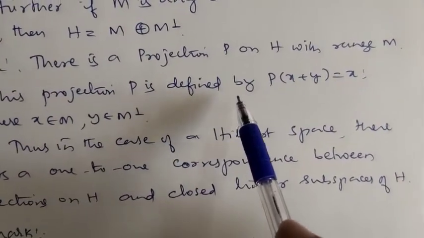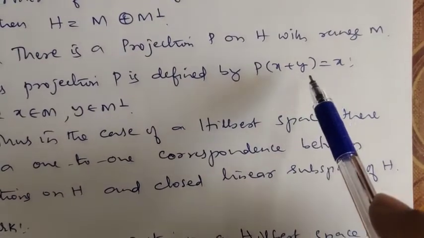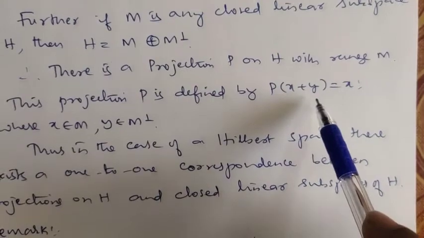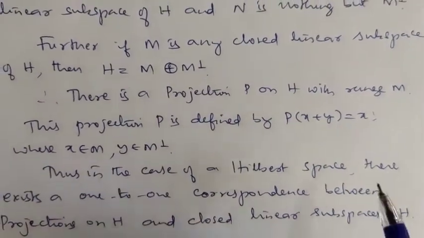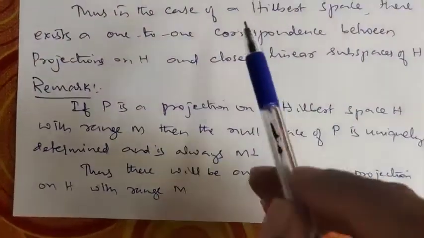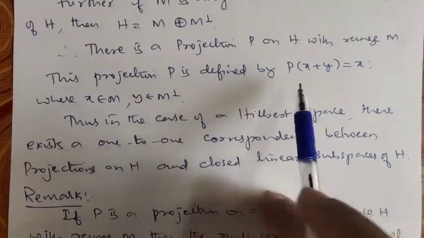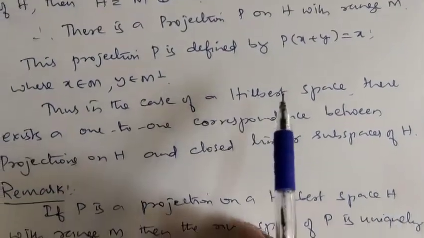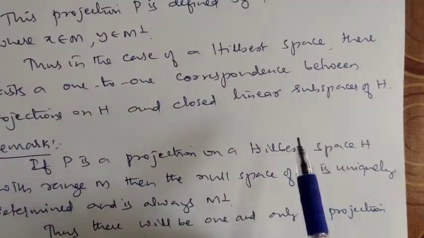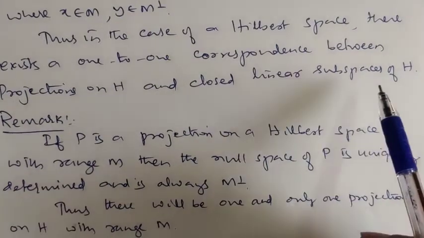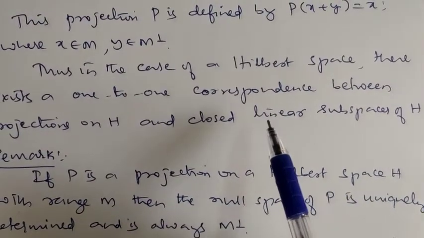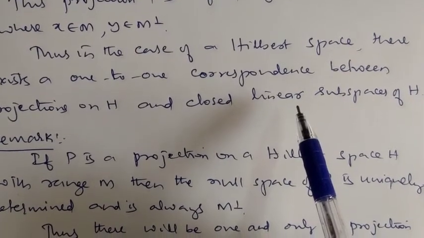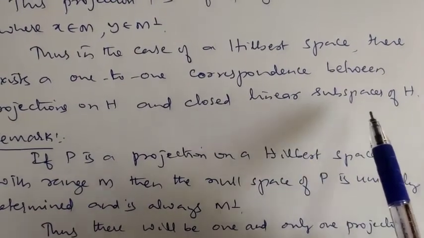This projection P is defined by P of Z, that is P of X plus Y, is equal to X, where X belongs to M, Y belongs to M perp. Thus, in the case of Hilbert space, there is a one-to-one correspondence between the projections on a Hilbert space H and closed linear subspaces of H. Whenever we have a projection on H, some range space M exists, and M becomes a closed linear subspace.